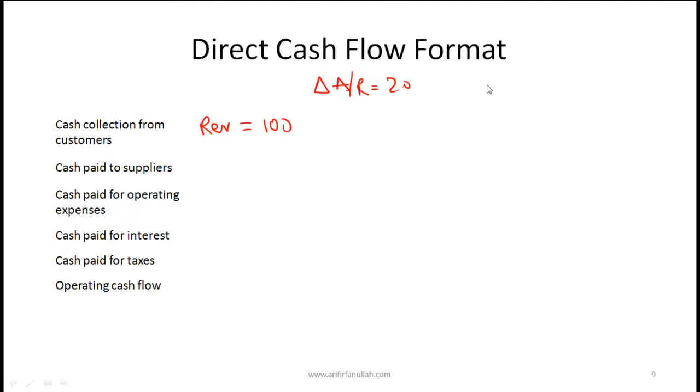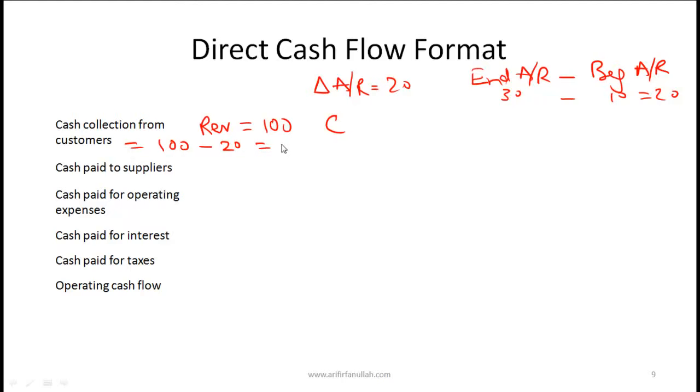This means that the end value of AR, let's say $30, minus the beginning value, which is 10, is 20. So your accounts receivable went up by 20. That means your cash collected from customers would be equal to revenue 100 minus the change in accounts receivable, which is 20. So in this particular case, the cash collected from customers is $80.